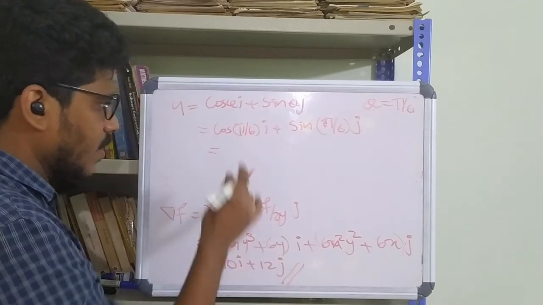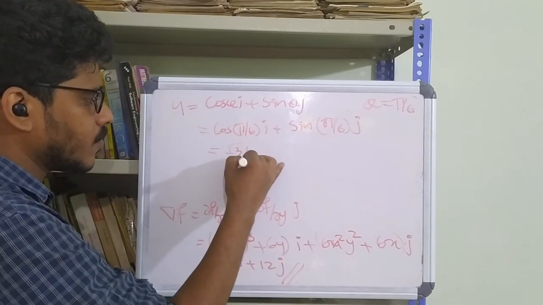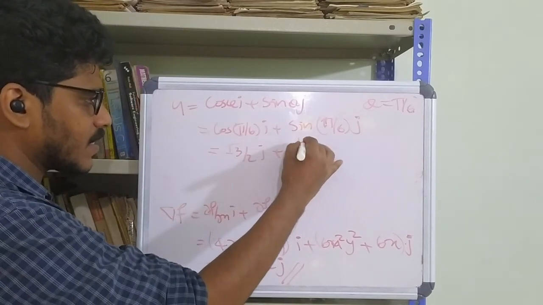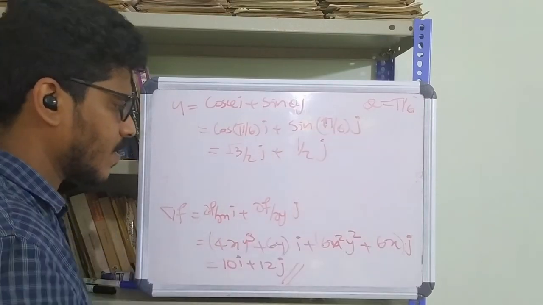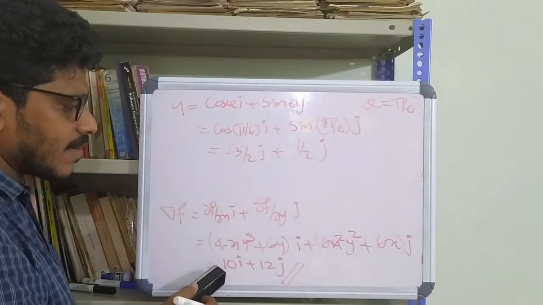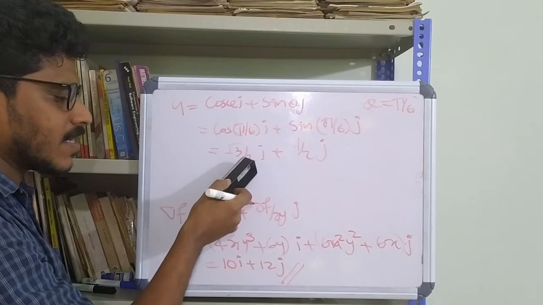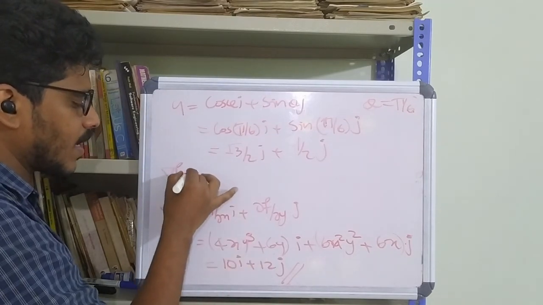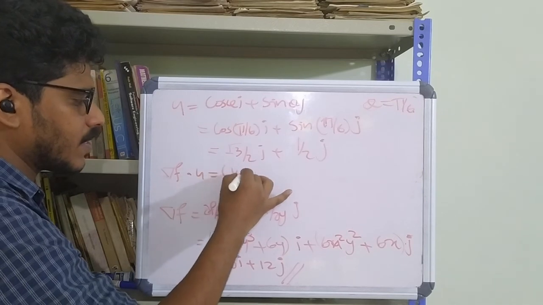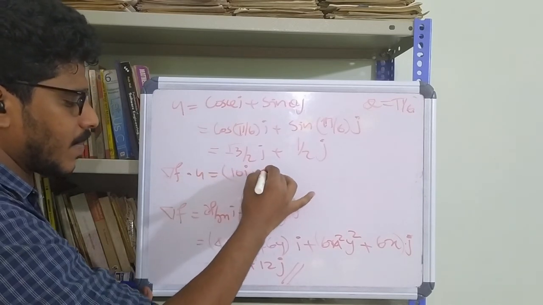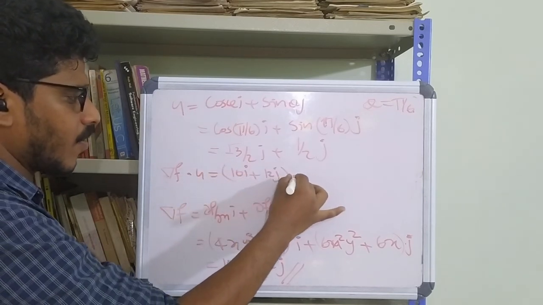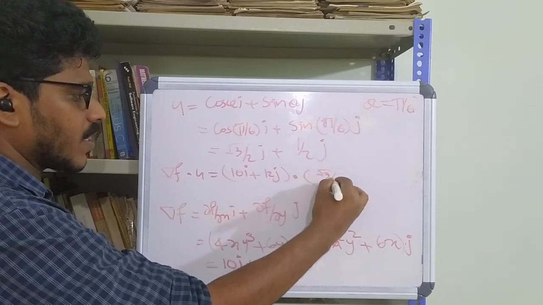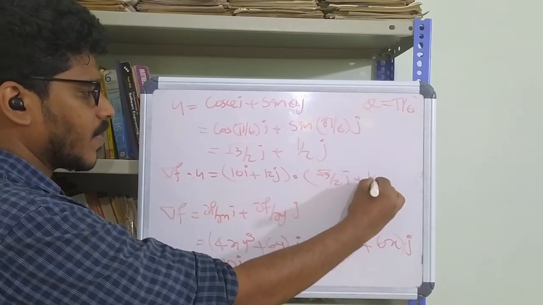That is nothing but cos pi by 6 is root 3 by 2 i plus sin pi by 6 is 1 by 2 j. So we got grad f and we got the unit vector. Now we can take the dot product, grad f dot u equal to (10i plus 12j) dot (root 3 by 2 i plus 1 by 2 j).